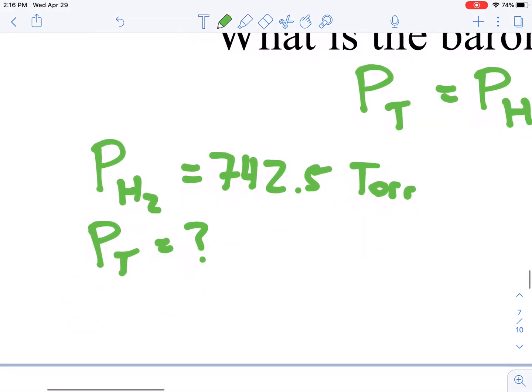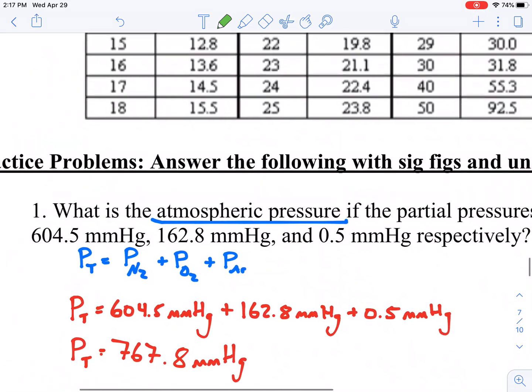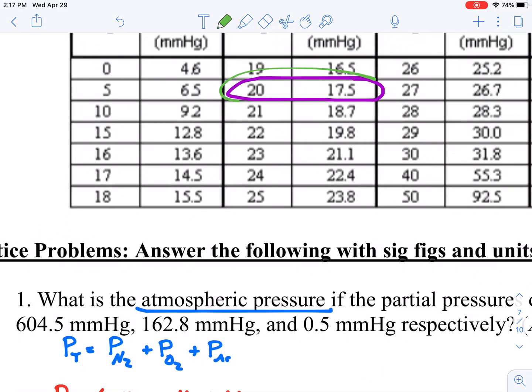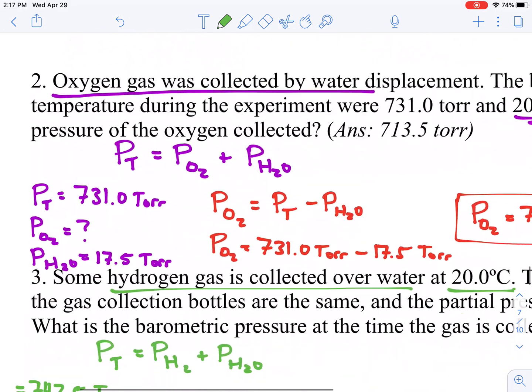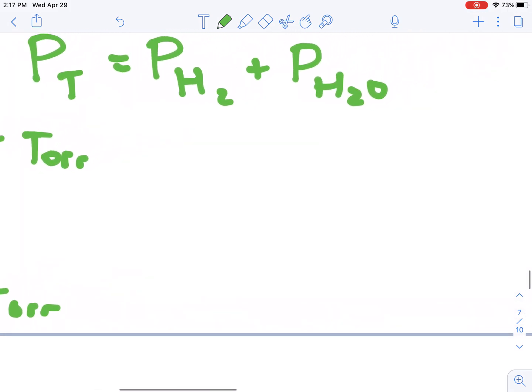And we also, of course, need the partial pressure of water vapor, which we're not given, but again, we are told it is happening at 20 degrees Celsius. So 20 degrees Celsius, like before, we realized is 17.5 torr. So the partial pressure of water vapor in this case, again, is 17.5 torr. And of course, that's not always the vapor pressure of water. It's only that way in these two problems because they're both happening at 20 degrees Celsius.